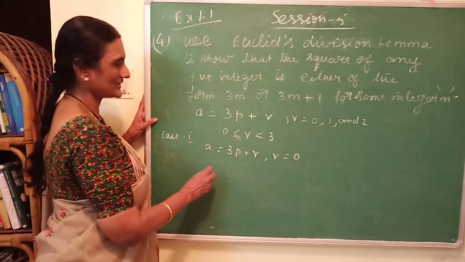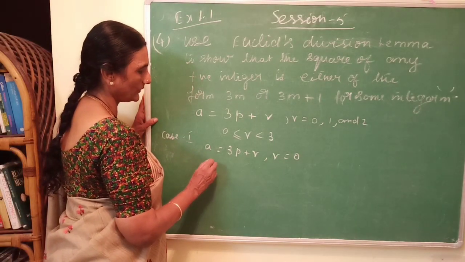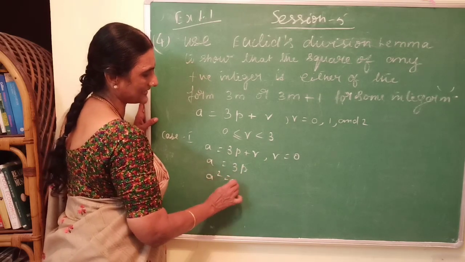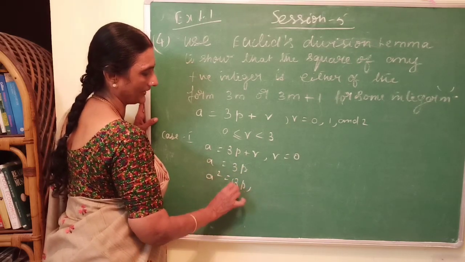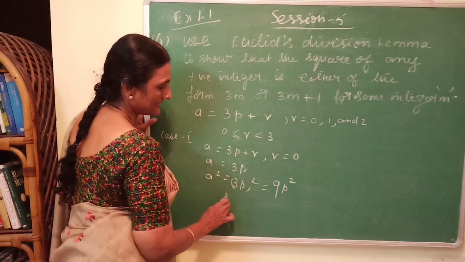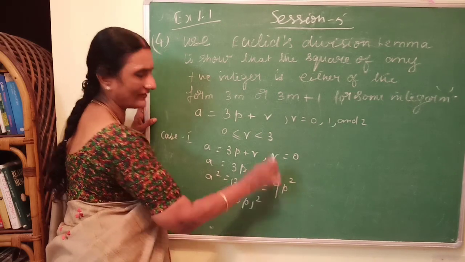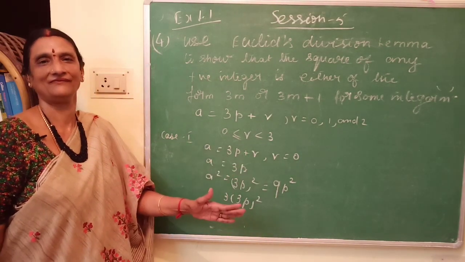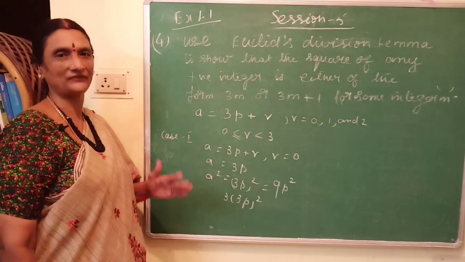When r equal to 0, what will happen? You will get a is equal to 3p and a square is equal to 3p the whole square. You will get 9p square. That means it is 3 into 3p square we can write. What does it indicate? It is 3 times a number. Correct? Therefore, it is a multiple of 3.